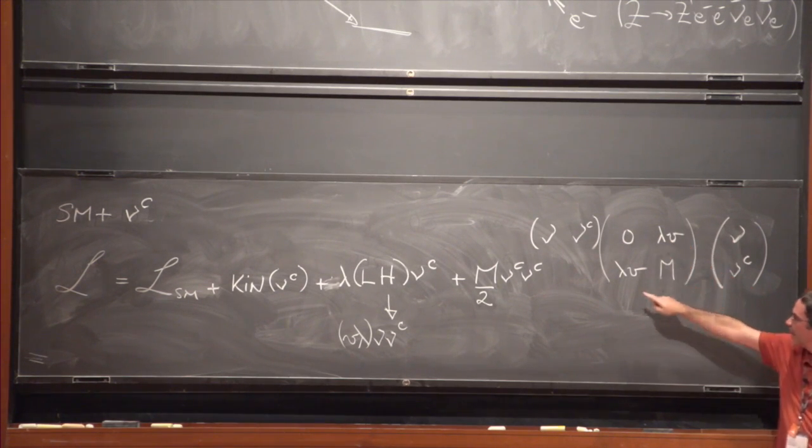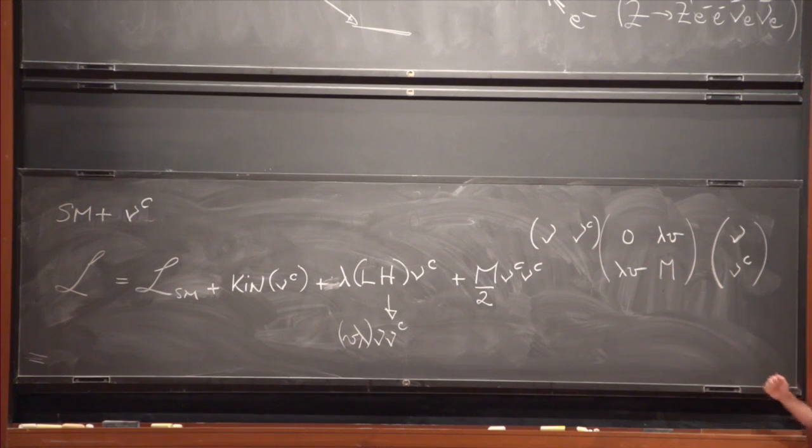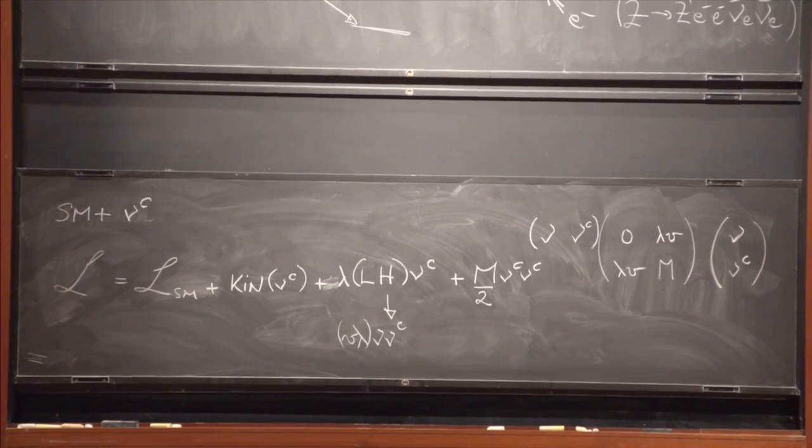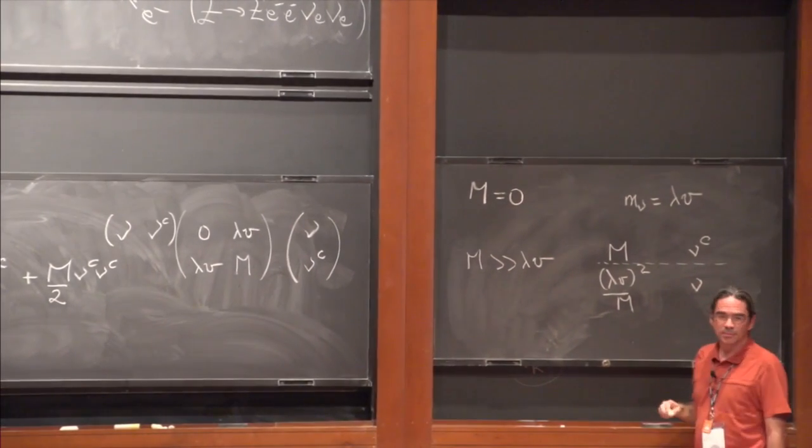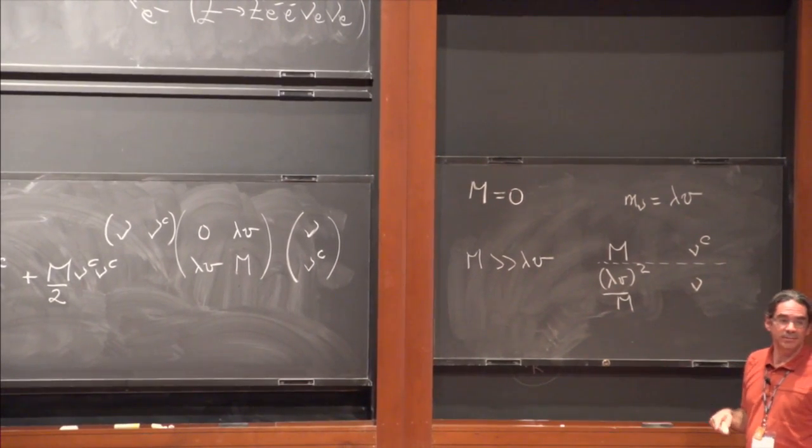In this case, I have to diagonalize this matrix to calculate the mass eigenstates. And one mass eigenvalue is m. The other mass eigenvalue is lambda v squared over m. This one here is mostly nu c, and this is mostly nu, because the matrix is mostly diagonal.